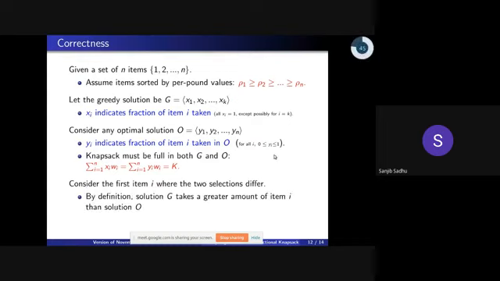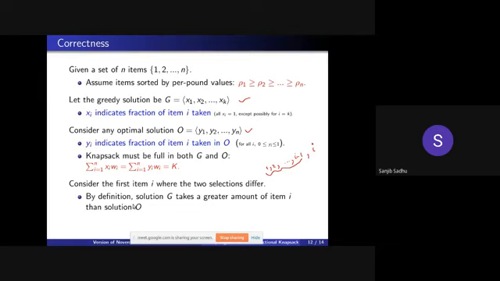Up to index i minus 1, these two series are the same. They differ at index i, meaning xi is not equal to yi. By definition, solution G takes a greater amount of i than solution O, which you have said is optimal. Our case is not optimal.